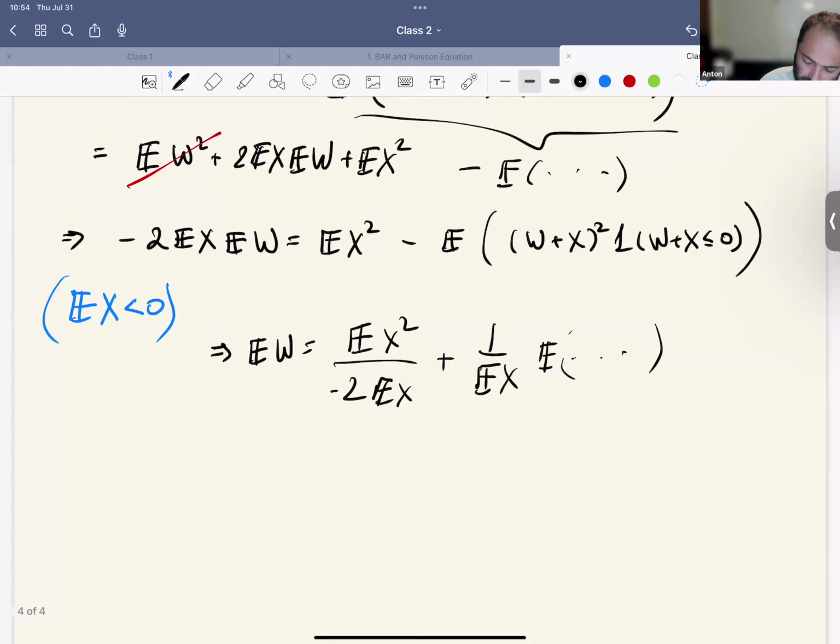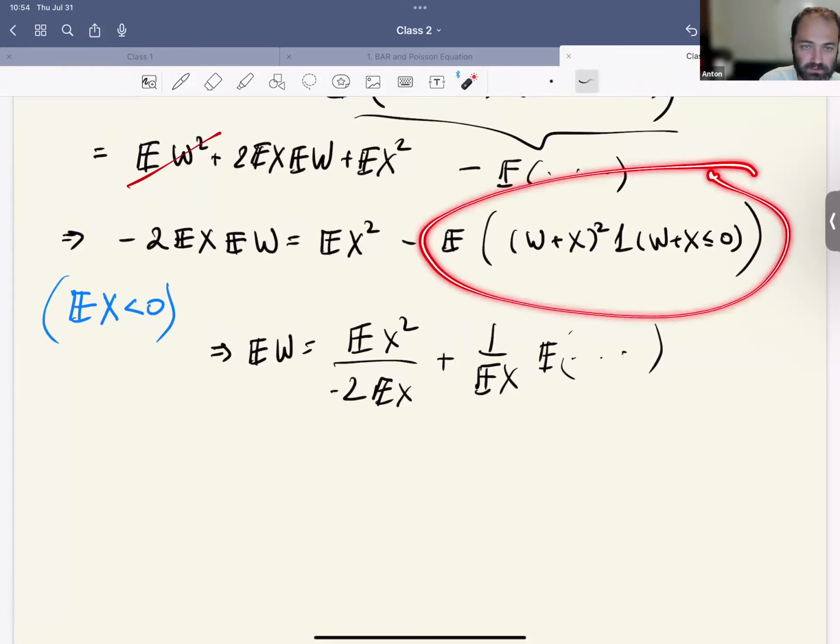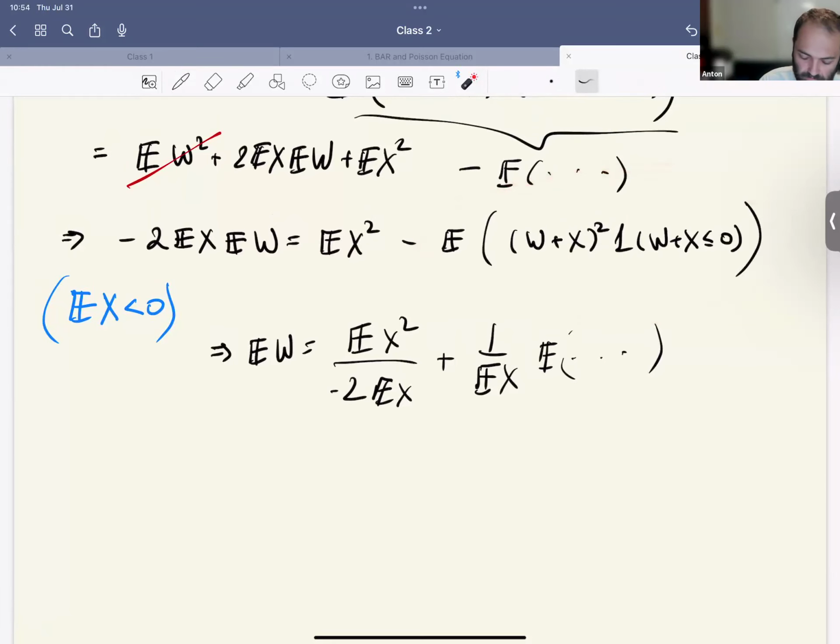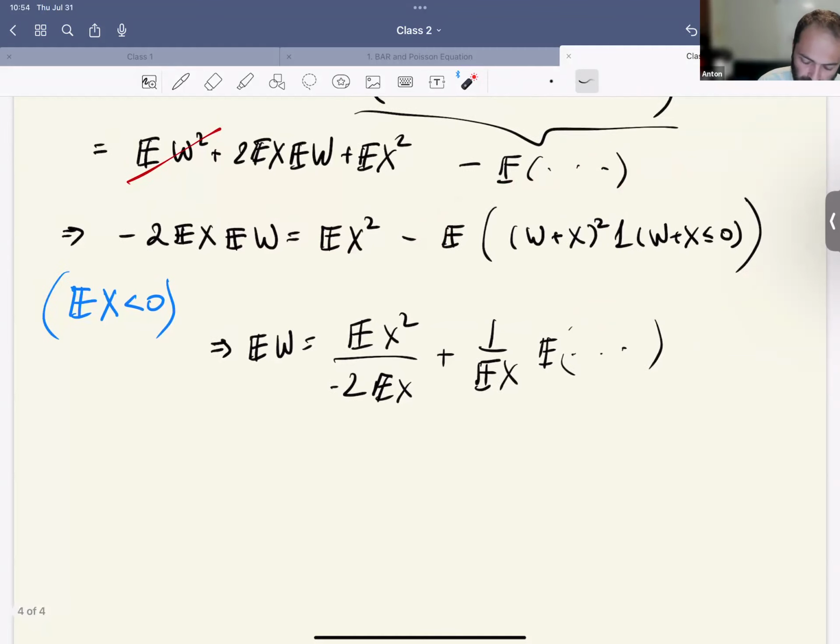The only problem is we don't know what this thing is. Okay, now there has been a lot of work, a lot of research in understanding this object. This is basically the boundary behavior of the single server queue, of the Lindley recursion.